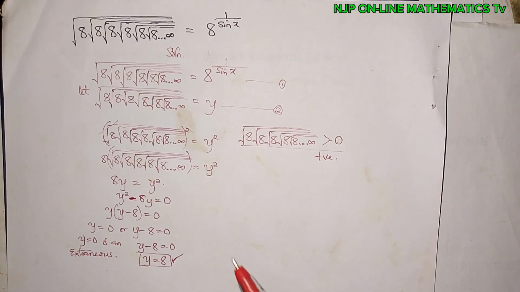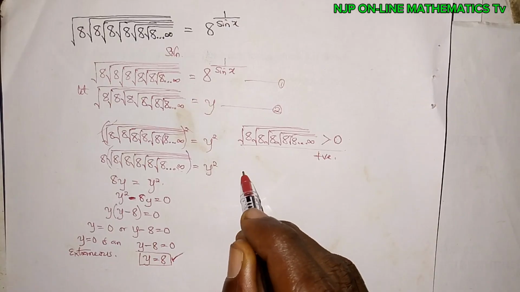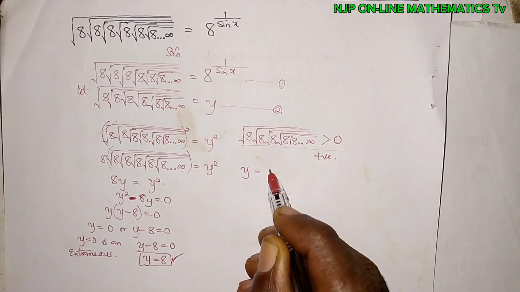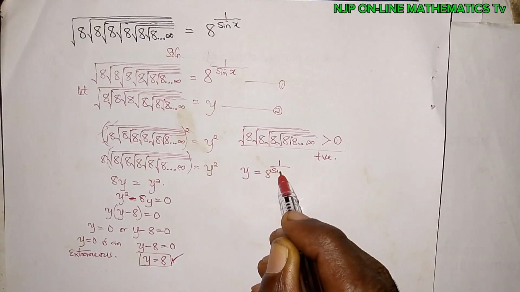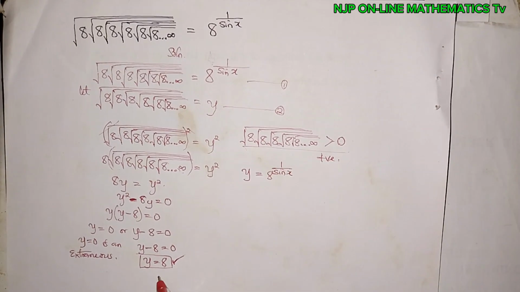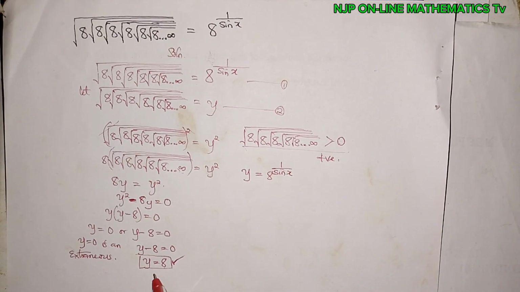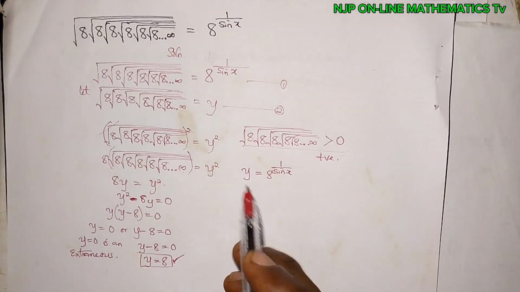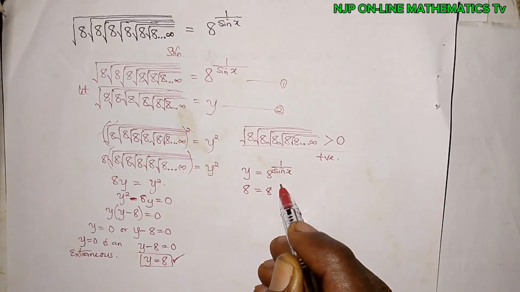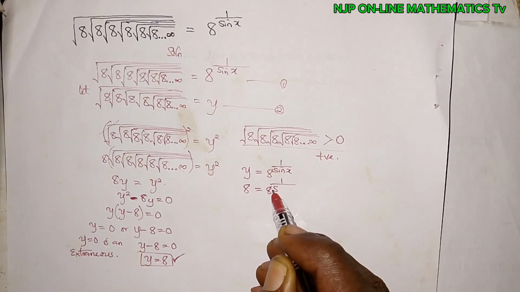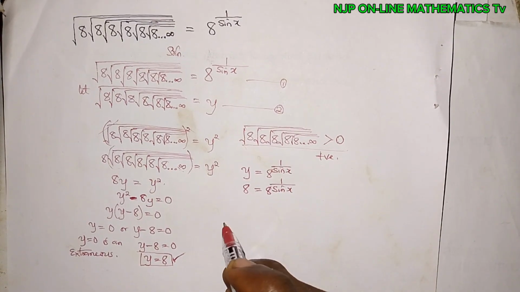So from here, we had that y equals 8 raised to the power of the inverse of sine x. Now we can substitute the value of y. The value of y is 8, so we have 8 equals 8 raised to the power of the inverse of sine x.